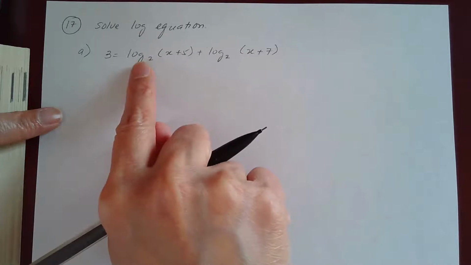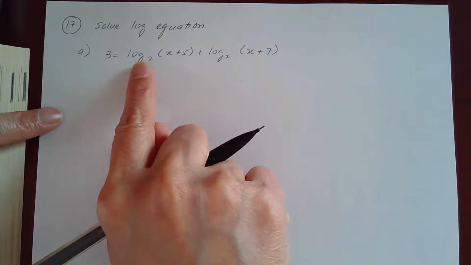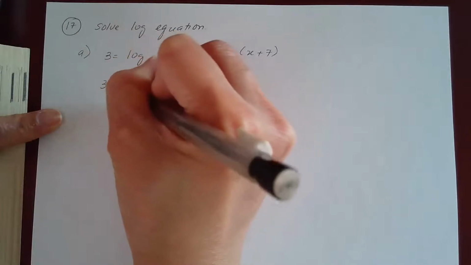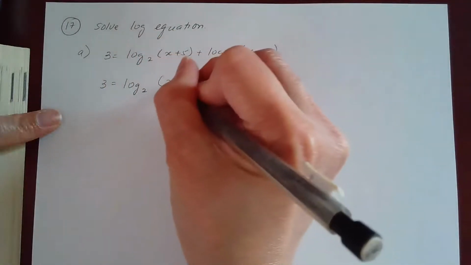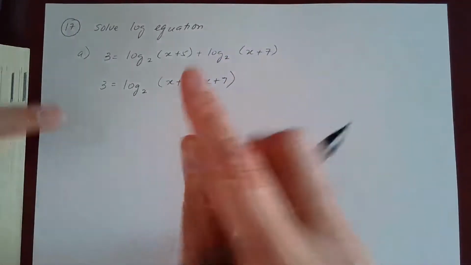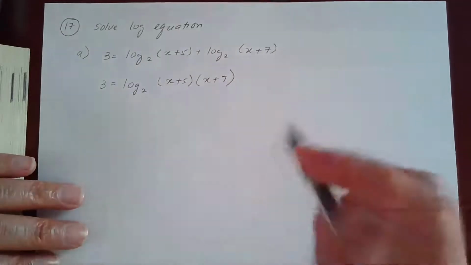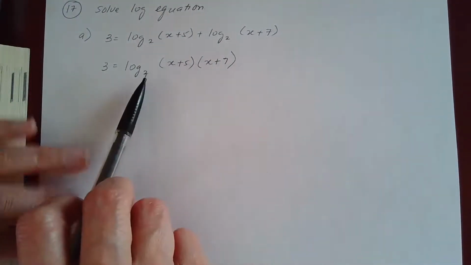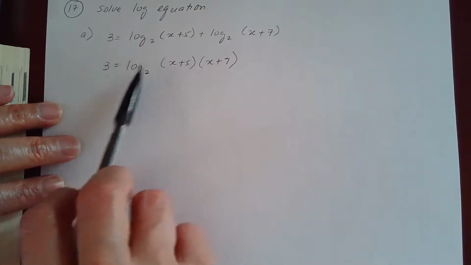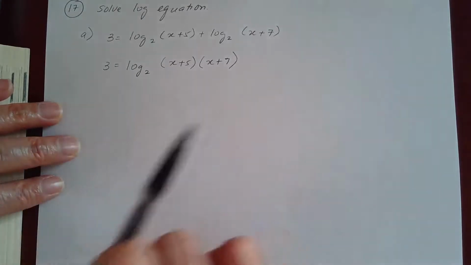Let's see if we could use some of the properties of logarithm, or laws of logarithm, because these two are being added, right? Two logarithms being added. We can simplify that as log base 2 of x plus 5 times x plus 7. So this is where combining it as a single logarithm is important. Now that we have that, we can change the logarithm equation to an exponential equation.